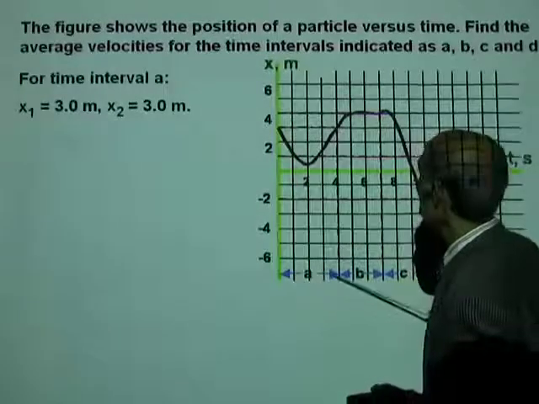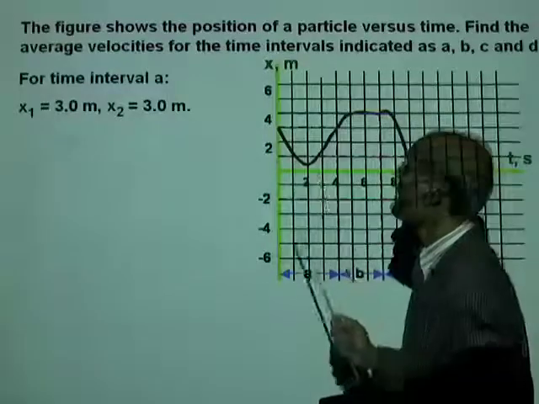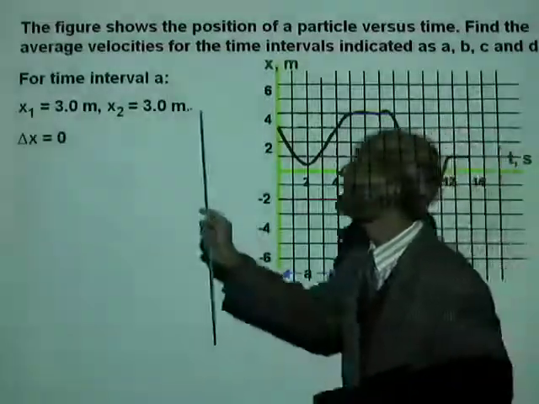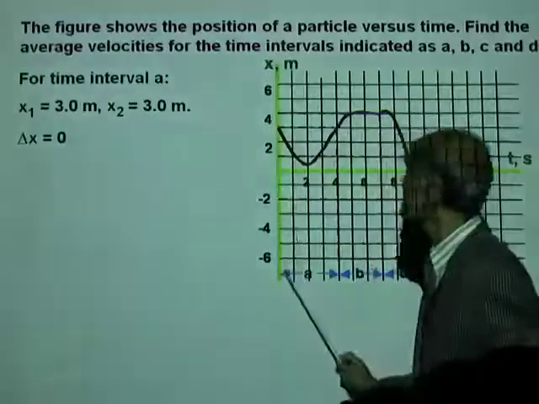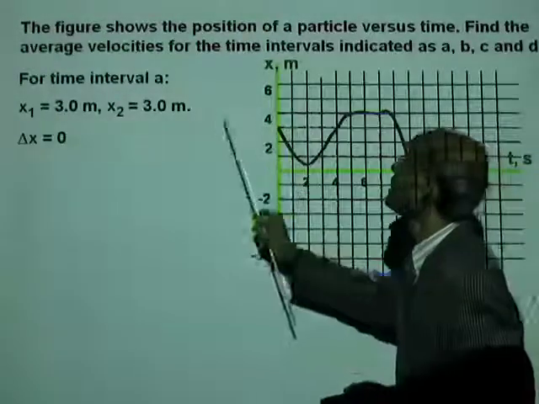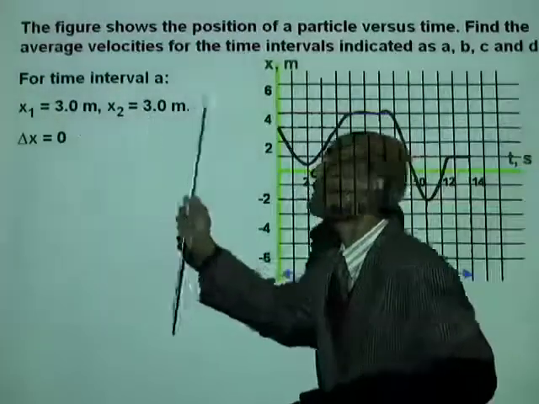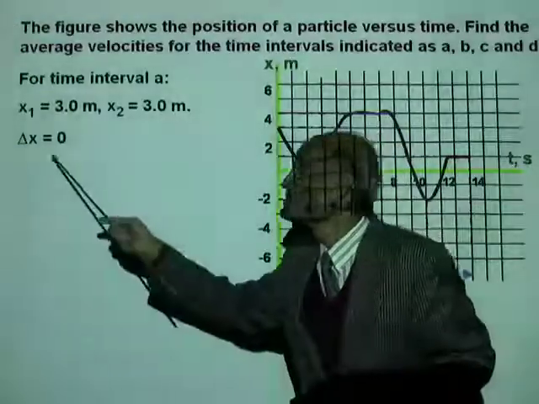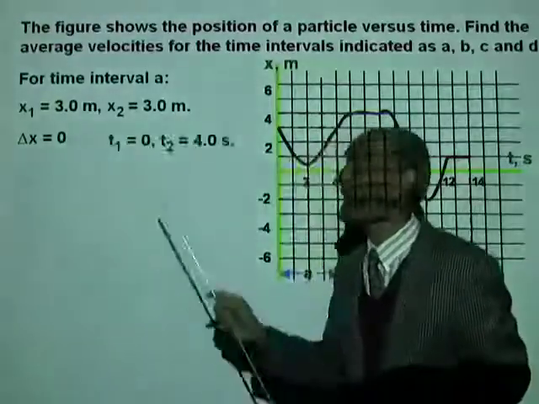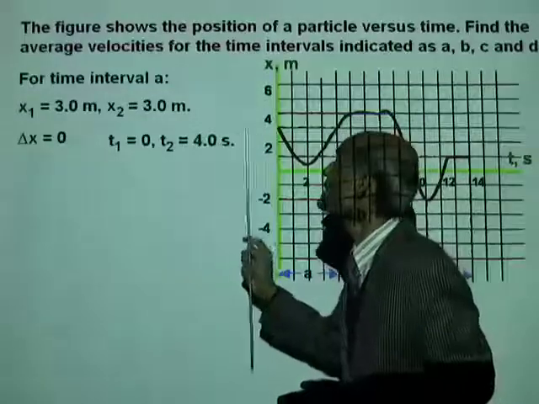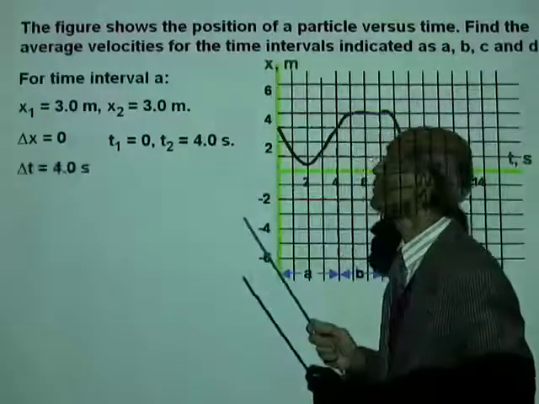And the time interval is 4 minus 0. So what is the displacement for that time interval? The initial position and the final position are the same. The displacement is 0. And the time interval is 4 seconds.